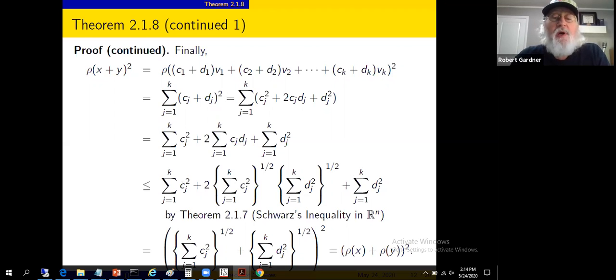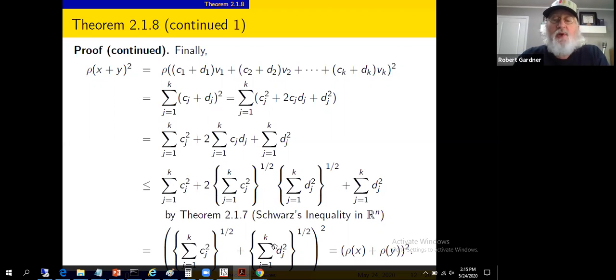All right, so the way it's written here, we've got this quantity, the sum from j equals 1 to k of c sub j squared, plus twice that quantity, square root of this other quantity. This is a perfect square, just like we had when we established the triangle inequality in R^n. You might want to view this as that square root squared, and that as that square root squared, and then we see that it factors as a perfect square.